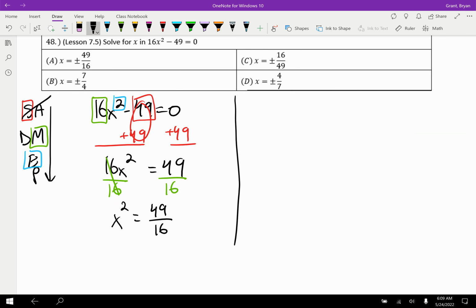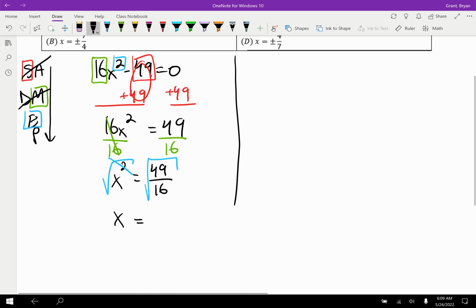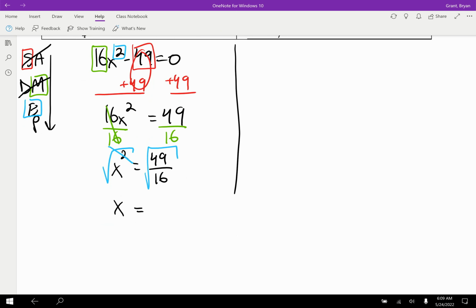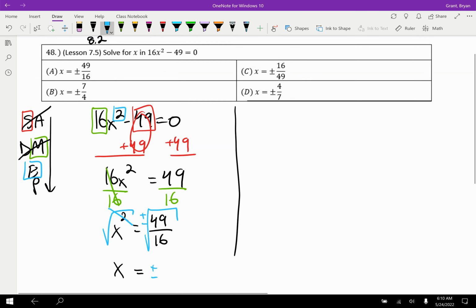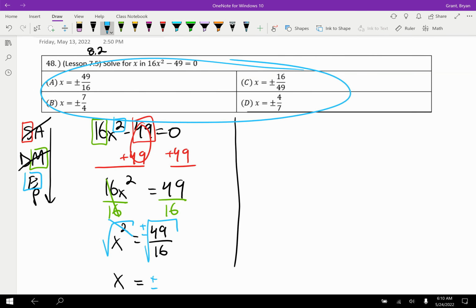But we don't stop here, because although we've undone the multiplication, there is still an exponent attached to x. I need to introduce a square root. Squares cancel square roots, and we need to remember that a square root will always have two answers. We need that plus minus out front. Now, how do we actually find the answer to this? Because you'll notice that none of these answers have a square root in front of them.